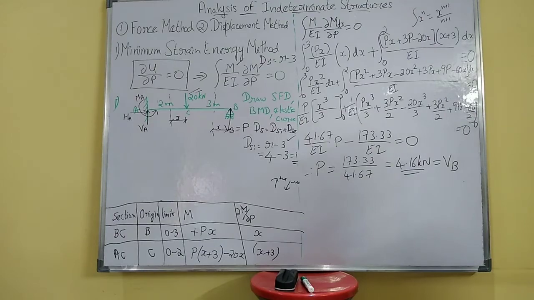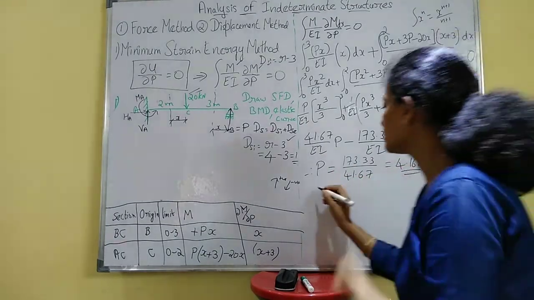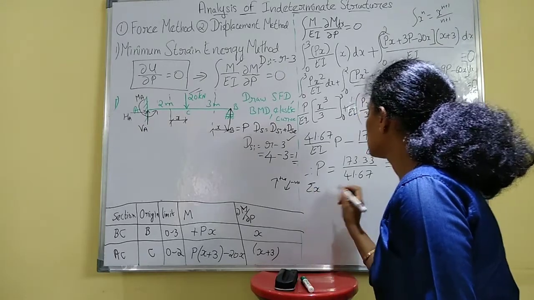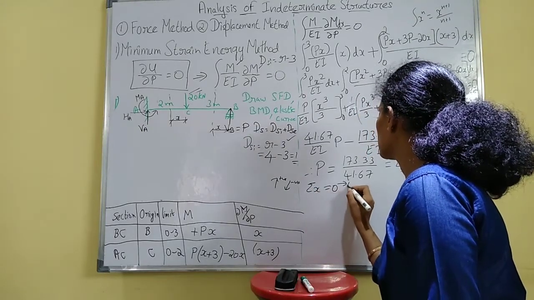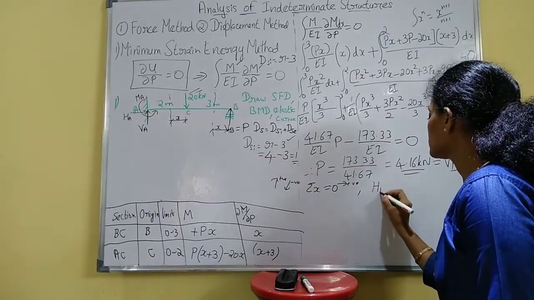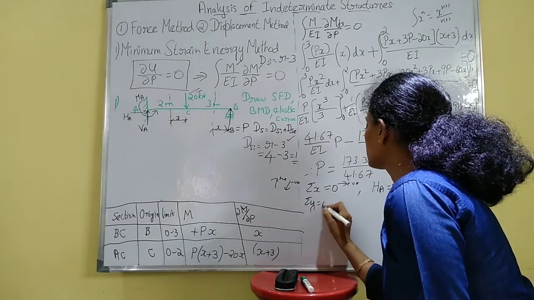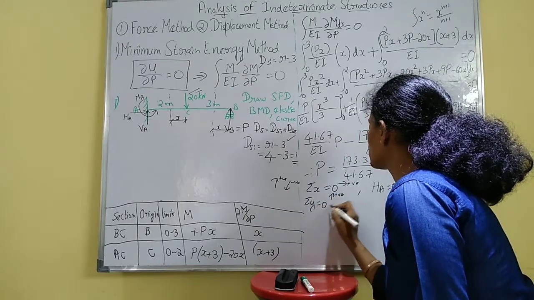So that is VB. Now next, using the equilibrium equations, find out the summation x equal to 0, towards right as positive. Here you have only HA, so HA is nothing but 0. Next, summation y equal to 0, upward as positive.